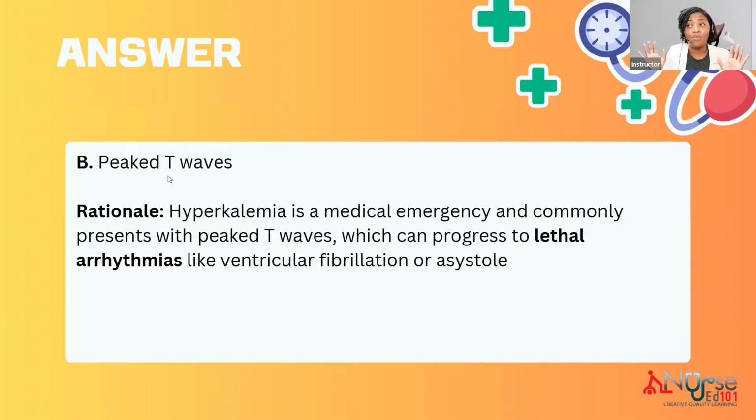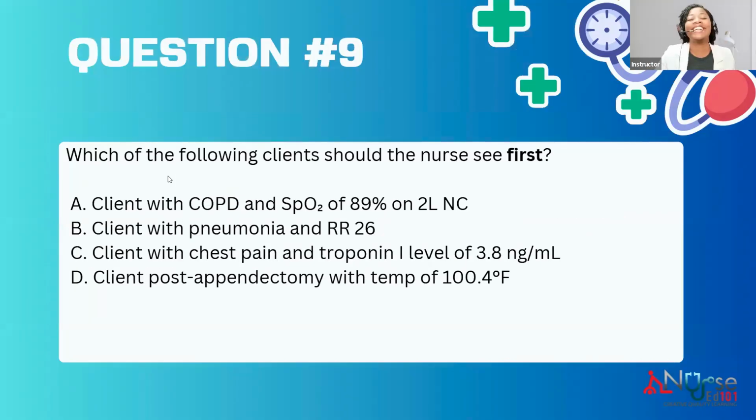So we don't play with hyperkalemia. We don't even play with hypokalemia, the low or high ends of potassium. So please make sure as nurses you keep your eye on that, because that can be very harmful to patients, whether it's high or low.